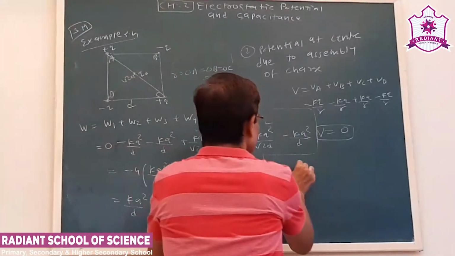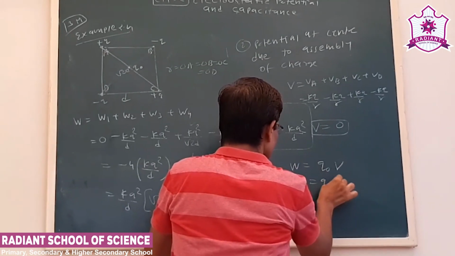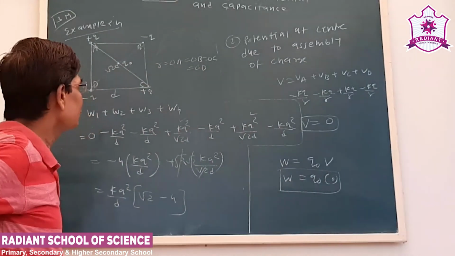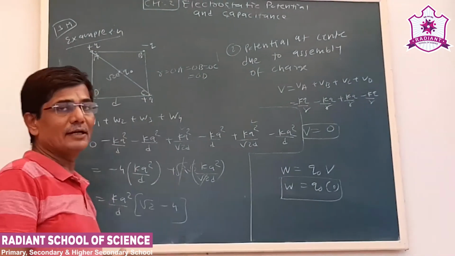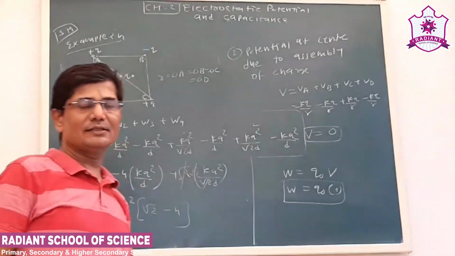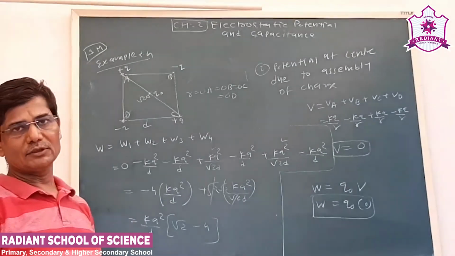Now the work done is Q0 into V. So the work done to bring Q0 charge to the center of the square, that is our second part, will be 0. Okay, this is a good example of how we can establish the assembly of a system of point charges.